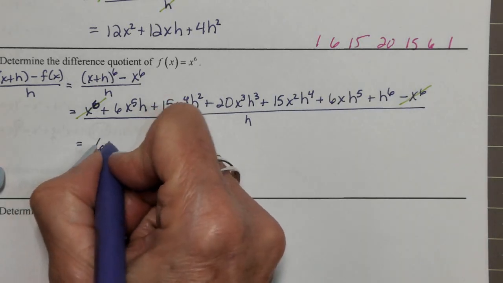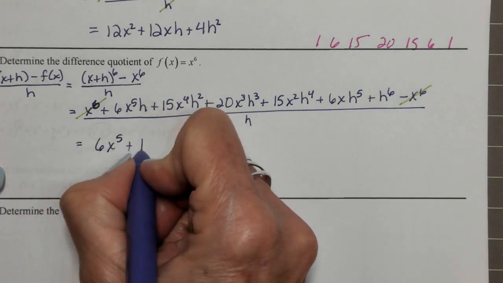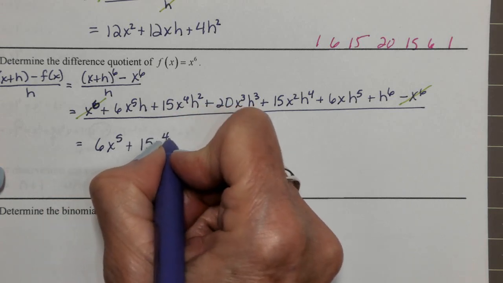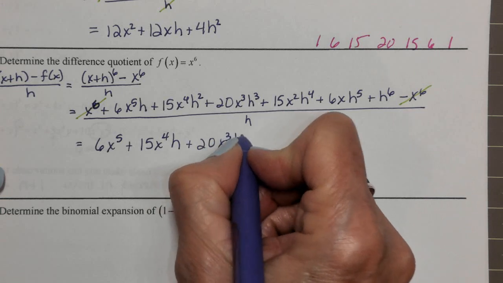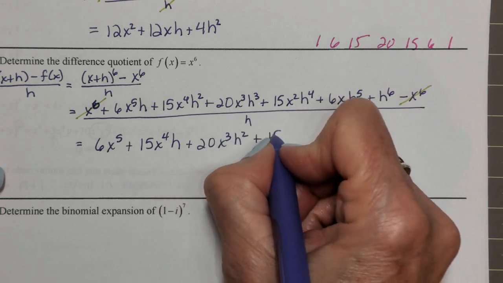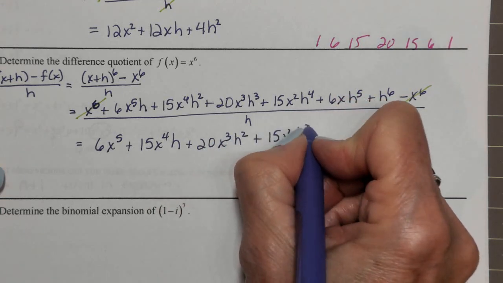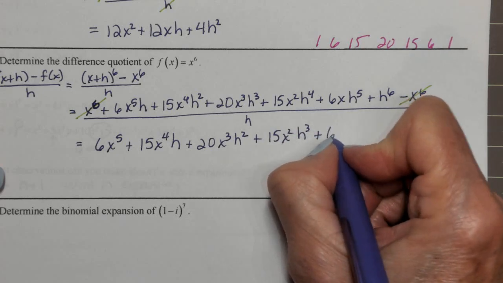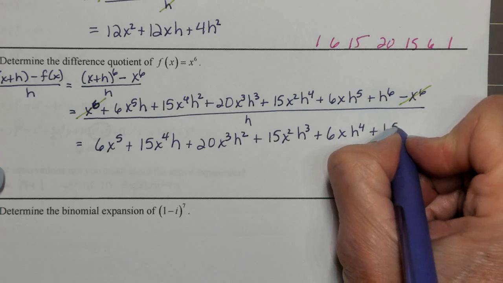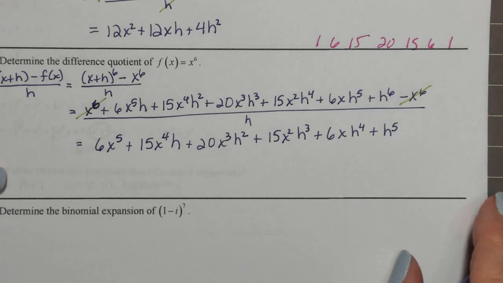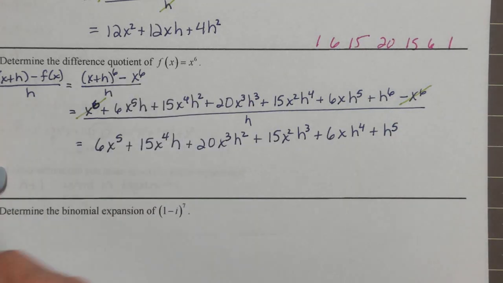So it'll be 6x to the 5th plus 15x to the 4th h plus 20x cubed h squared plus 15x squared h cubed plus 6x h to the 4th plus h to the 5th. That's the difference quotient of x to the 6th.